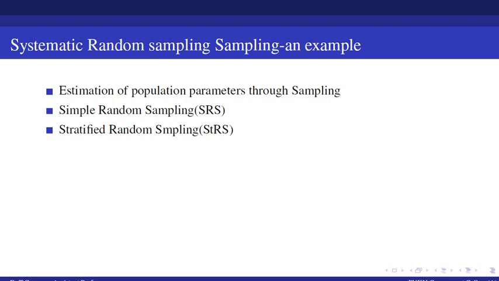This process reduces the variance of estimates, and we have seen the variance of sample mean through optimum allocation is less than other methods, that is STRS proportional allocation and SRS WOR.